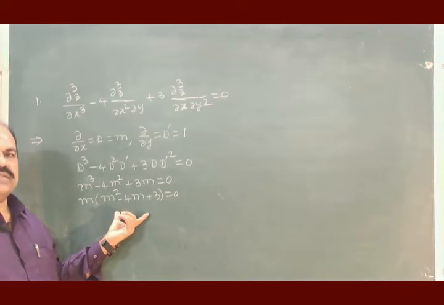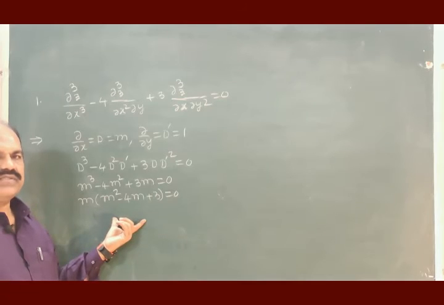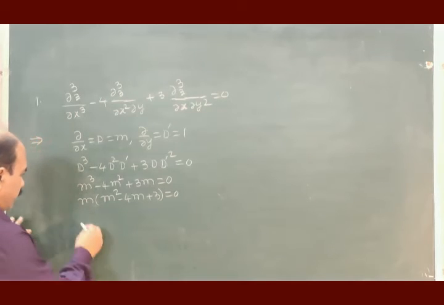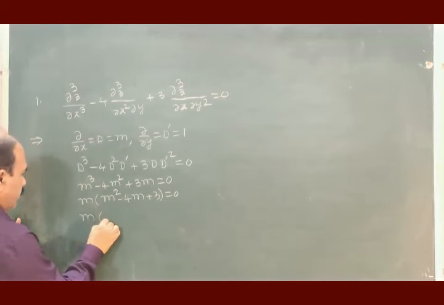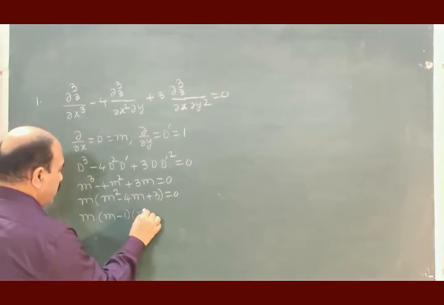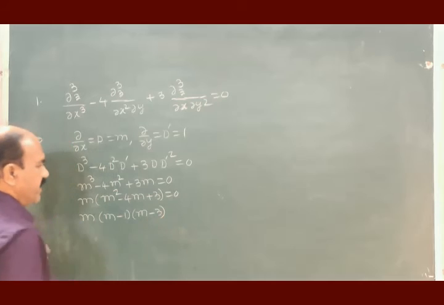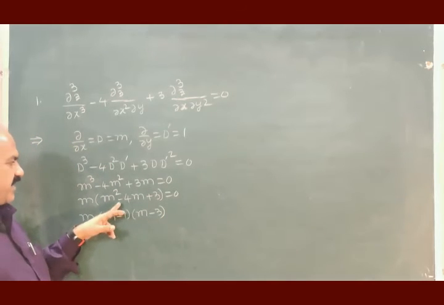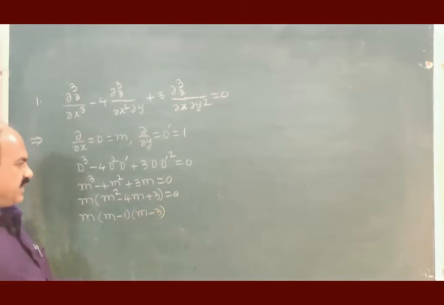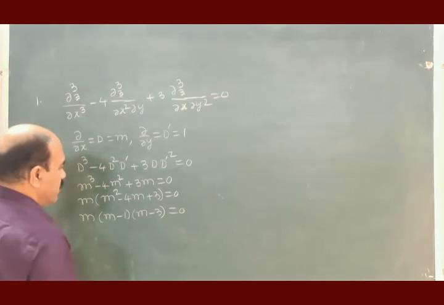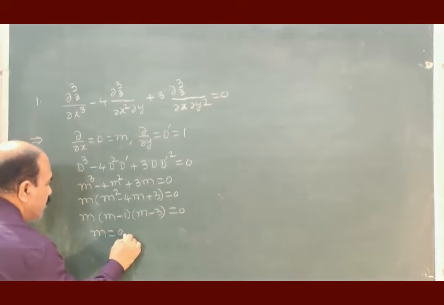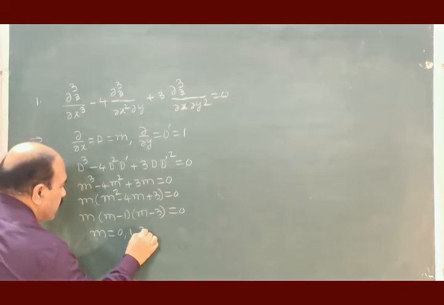Now let us get the roots of this. It will be m into m minus 1 into m minus 3 is equal to 0, since minus 1 minus 3 is minus 4 and 1 into 3 is 3. So here we have m equal to 0, 1, 3.